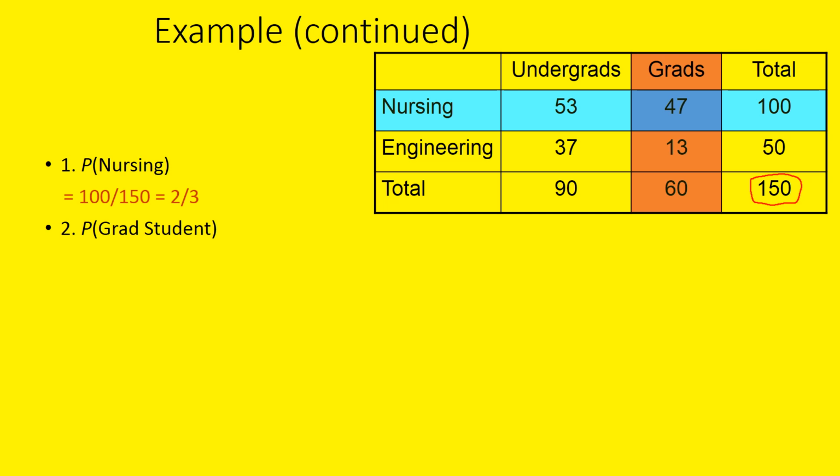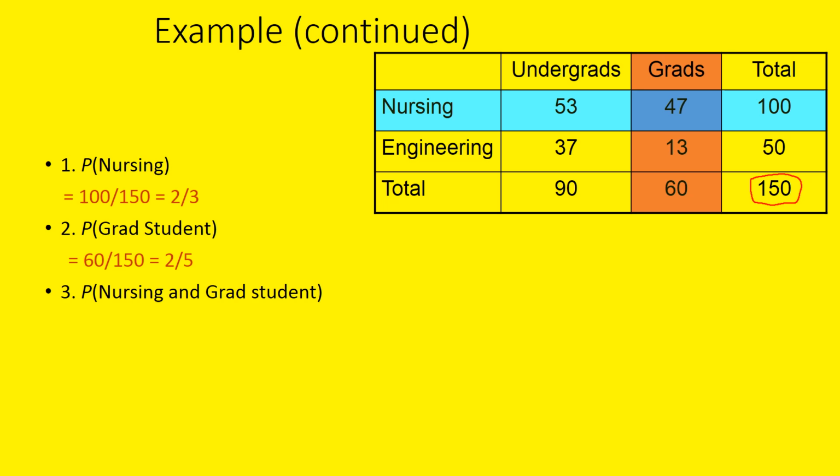Well, what's the probability of grad student? That's the red column, and there are 60 of those total. Divide that by the total number of possible outcomes, 150. You have 60 over 150, a fraction which reduces to 2/5. So the probability that you grab someone on campus and that person is a grad student is 2/5.